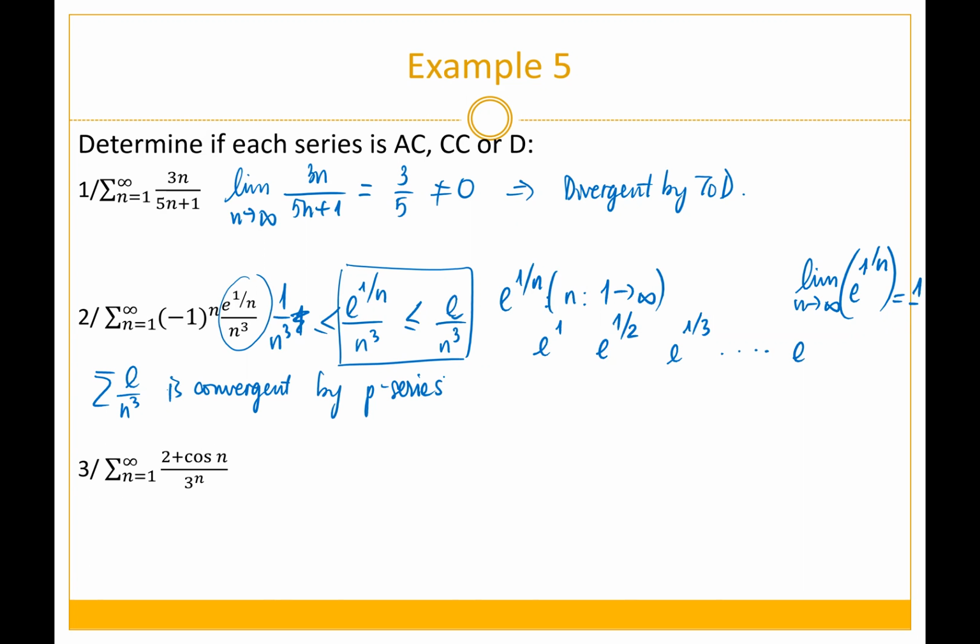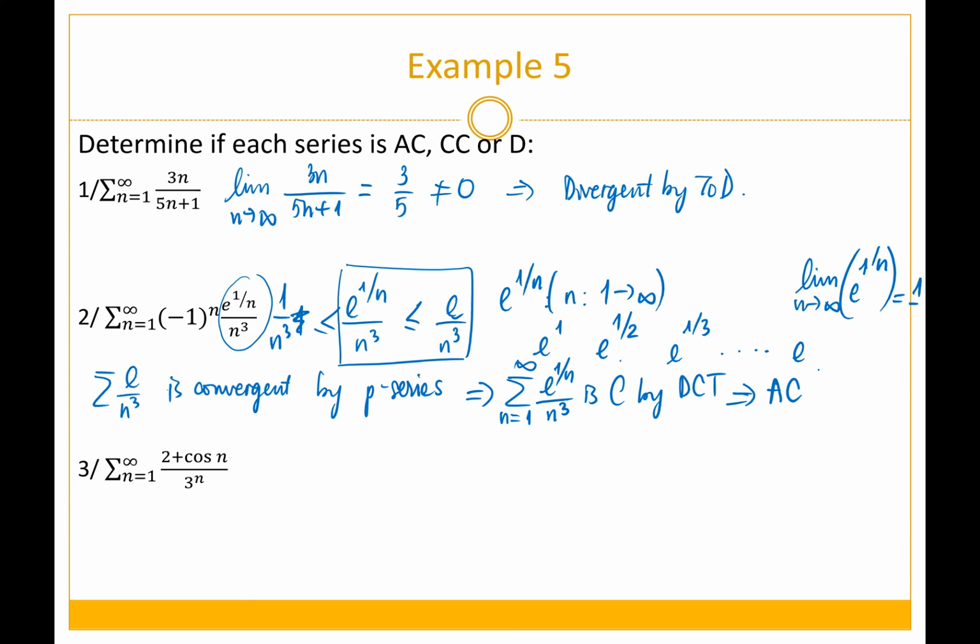Therefore this series, e to the 1 over n cubed, is convergent by the direct comparison test. Now the absolute value of the series is convergent. The series made up of the absolute values of the terms is convergent. Therefore, it is absolutely convergent.